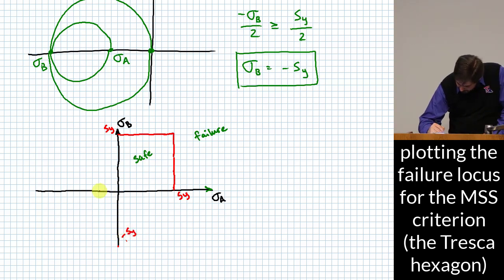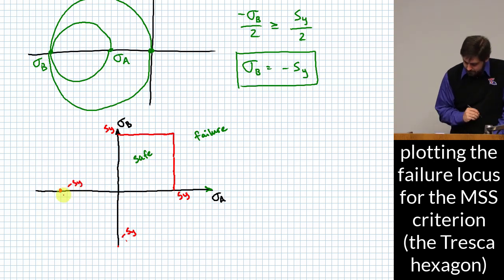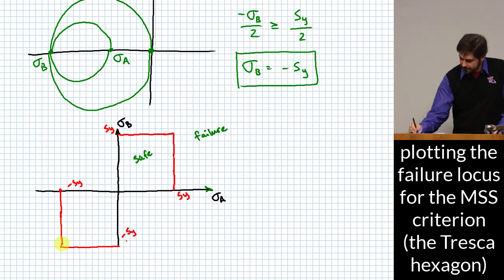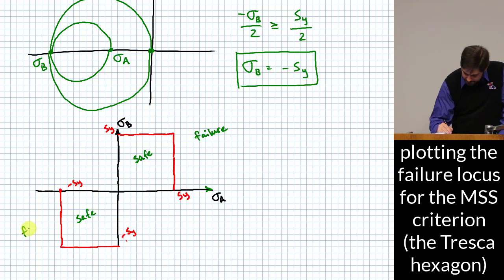And then I could do the same thing over here. And it's kind of like it does in the first quadrant. Okay, and it's safe in here. And out here it fails.